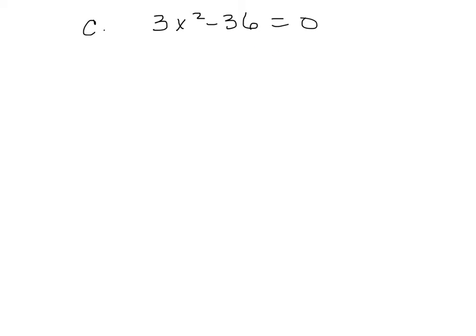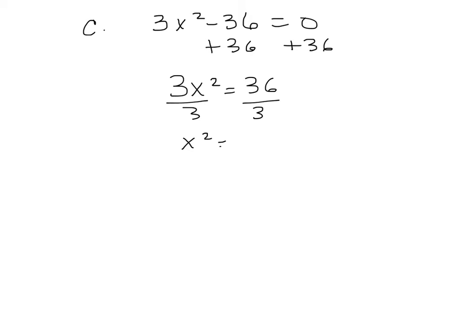We're going to solve it like a regular equation. We'll add 36 to both sides. We'll get that 3x squared equals 36. And then we're just going to treat this x squared as if it was just a plain old x. We're going to divide both sides by 3. And we'll get that x squared equals 12.